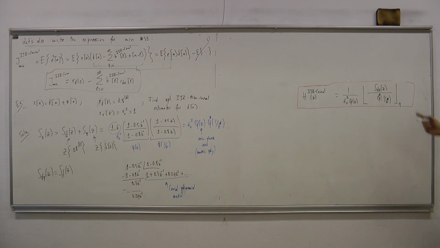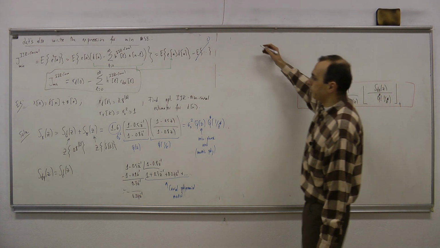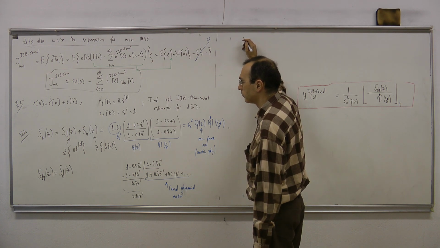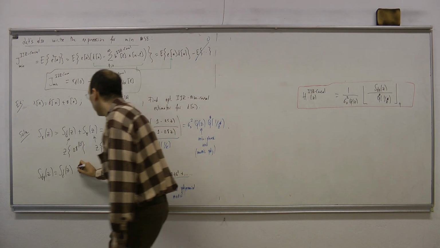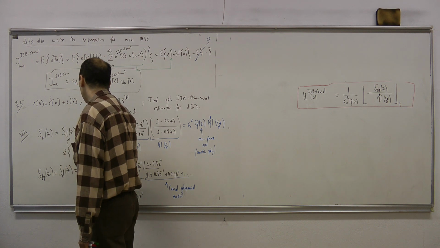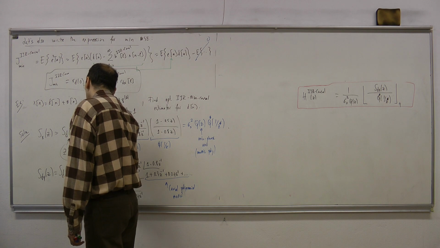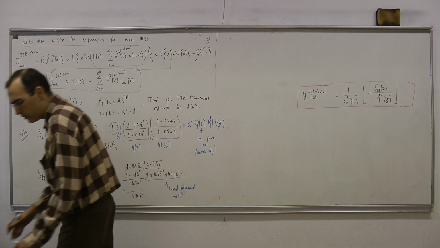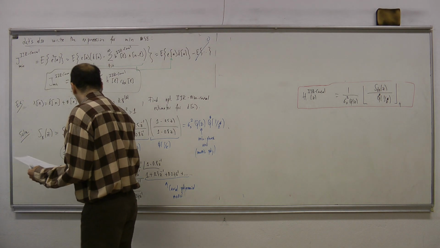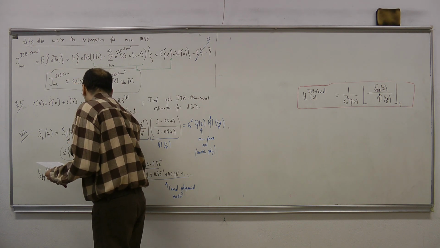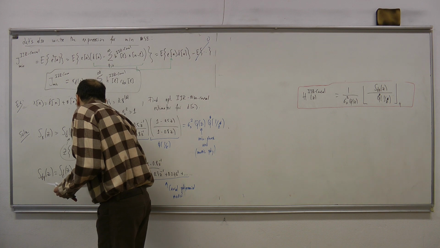So what is the case then? Now I have to implement this. Let me also write it over here. So this is the Z transform of this, and again in the last lecture we have written the expression for this.